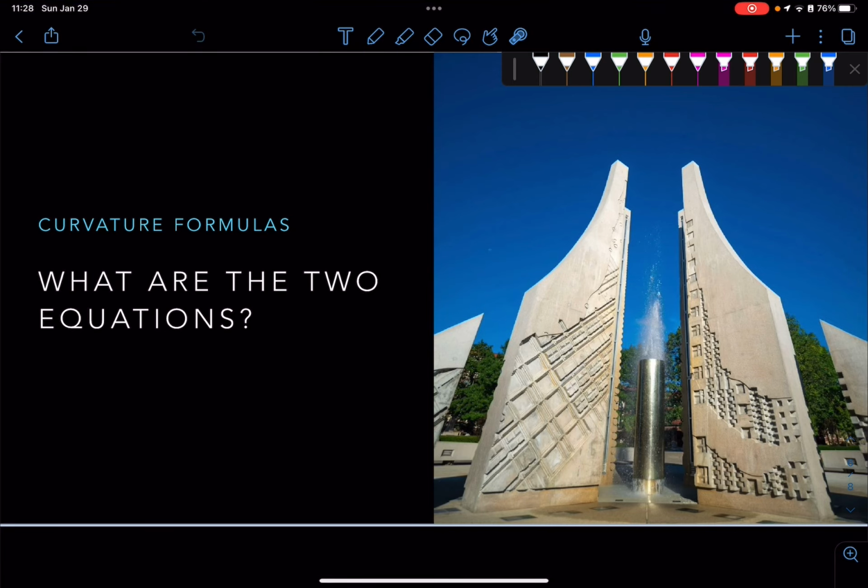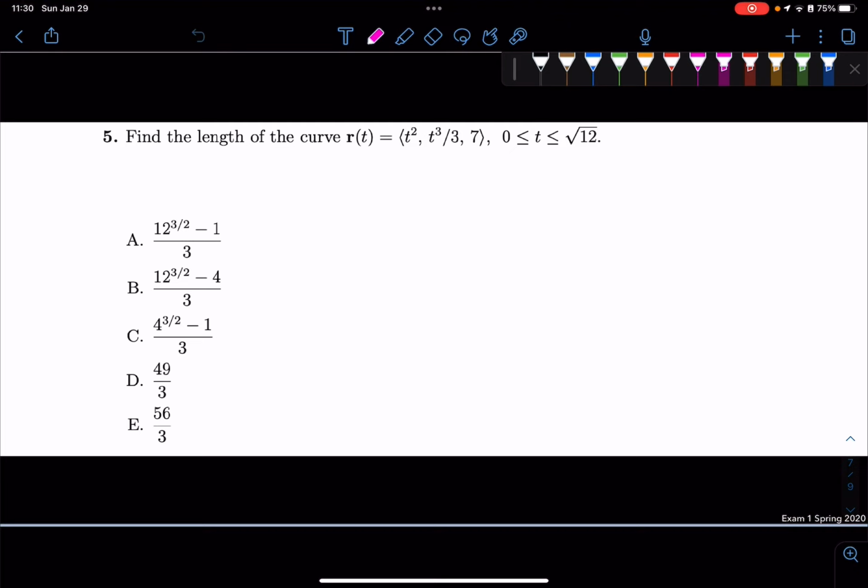All right, the first question I have for you is: find the length of the curve, giving you the vector function. I think everybody understands that this is a length of curve question. Again, this is a very easy type of question to identify by just looking at the keywords right here.